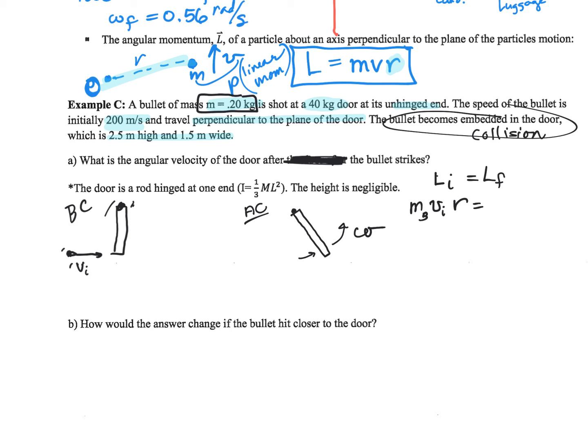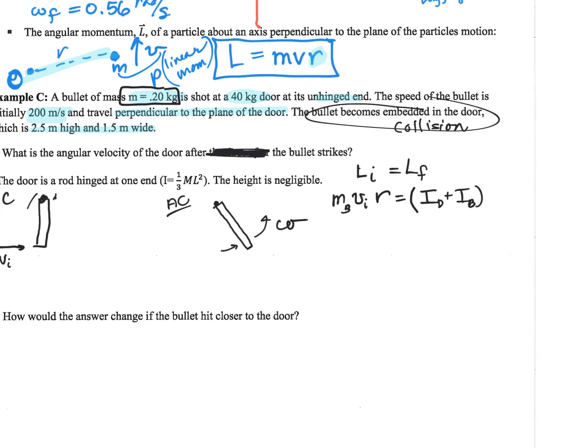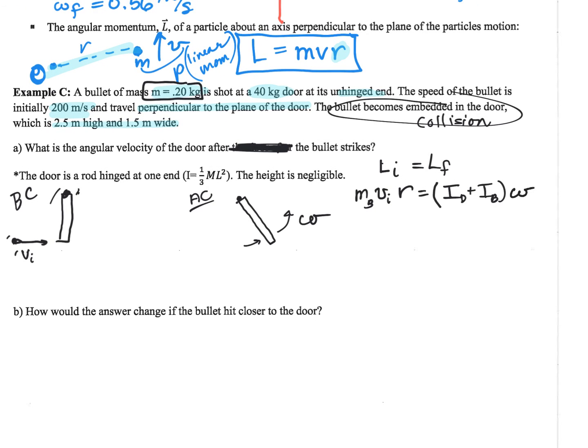Now afterwards, what's moving? The door and the bullet, right? How did I know to use that formula on one side and the other formula on the other?